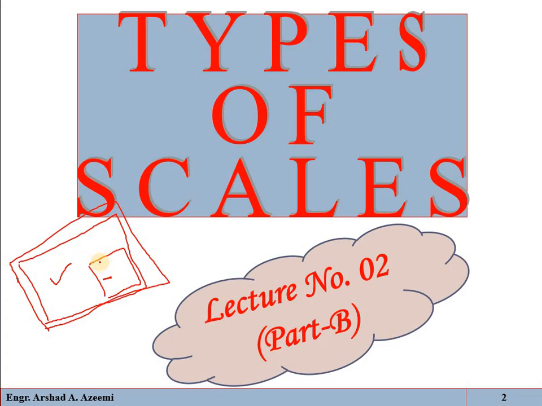For that representation we have three types of scale. Either we represent it as an engineer scale, or we represent it graphically, or we write the representative fraction of that scale.